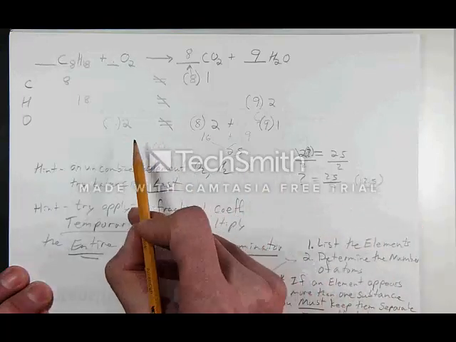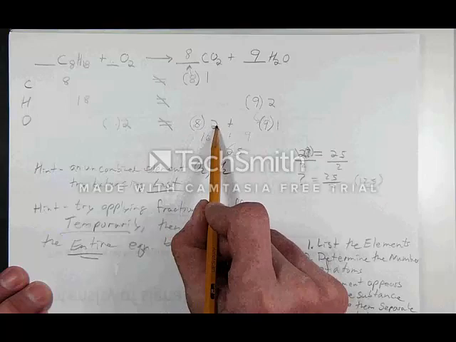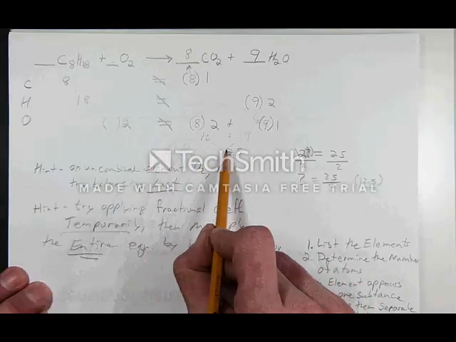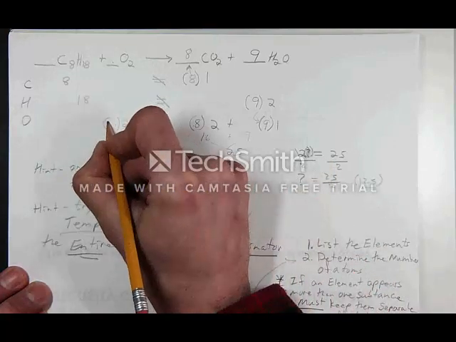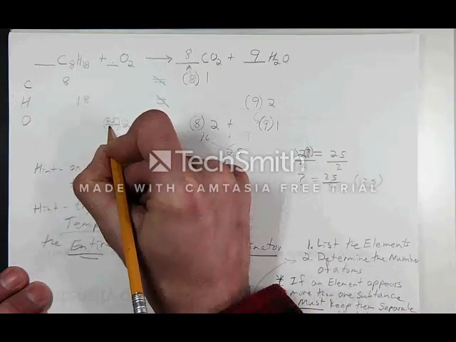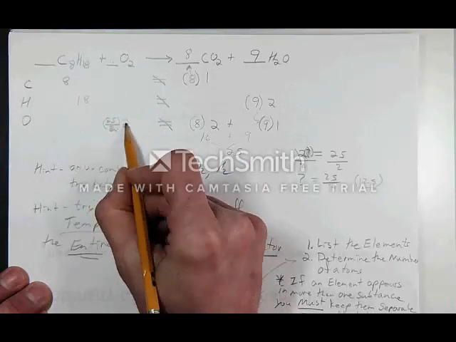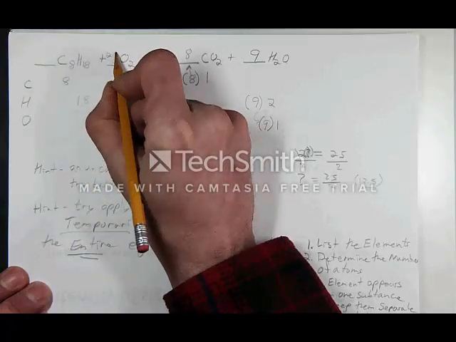Right? Remember where we got this from. We had 25 on the left. 8 times 2 is 16 plus 9. Right? 2 doesn't equal 25. Well, that means our coefficient needs to be 25 halves. And if you notice this, right here, 25 halves times 2, the 2's cancel, and we get 25. We can do the same sort of thing up here.